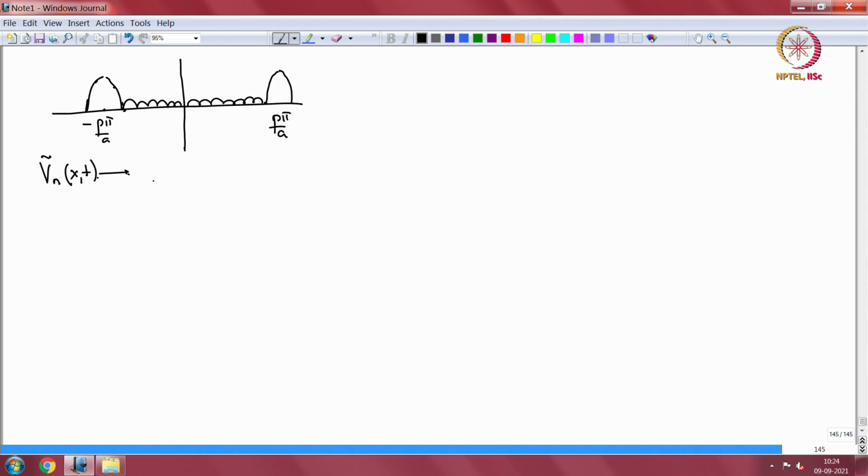So here we said when Vn happens at a certain omega, that omega translates to omega by c, a certain k, and then we can draw the k line and integrate between them, and that generates sound. And as k grows, or higher and higher omega is taken, we get more and more sound radiation from these scattered waves, and finally when k crosses p pi by a.